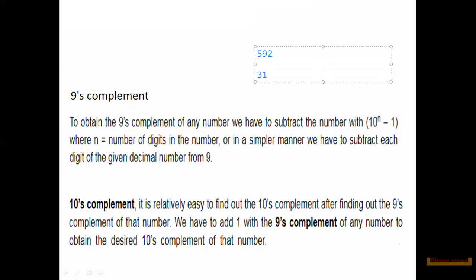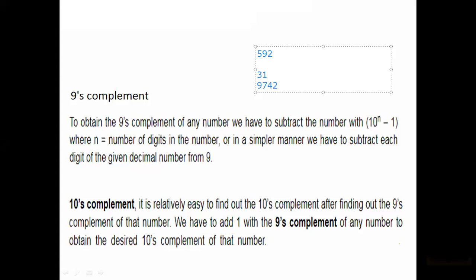How many digits? 2 digits. Suppose we take 9742. How many digits? 4 digits. So here each digit will be subtracted from 9. Then that becomes the 9's complement.